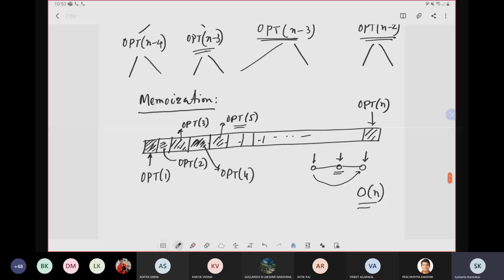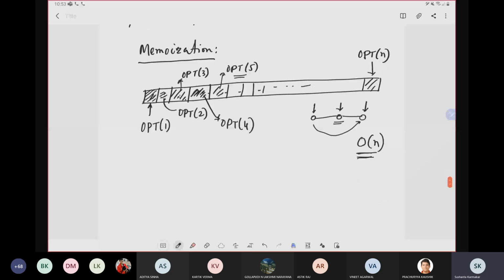So I will request you to convince yourself that it works. And there is one part left that I will just mention here, that this thing gives us the weight, but does not give us the set. Okay?